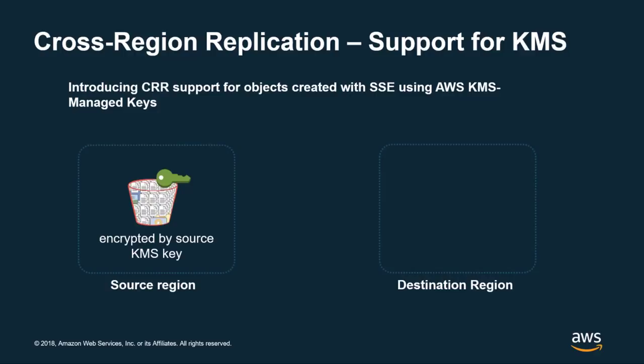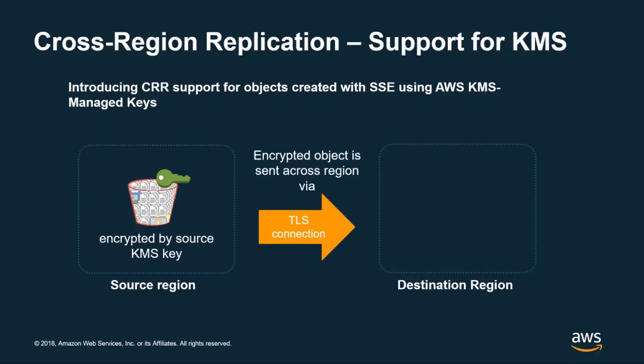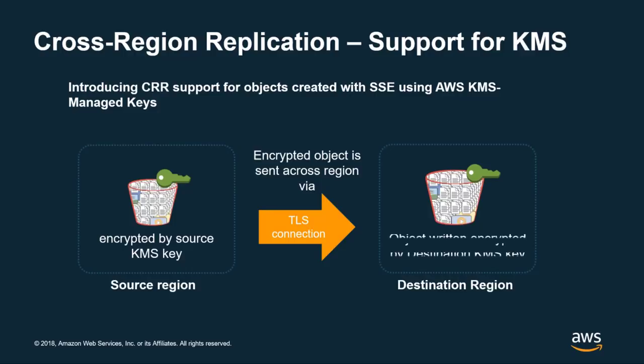So we close that vulnerability with this, and now you encrypt your data at the source using that region's KMS key. When you set up CRR policies and they replicate the data, you've got the TLS connection between the two regions, which encrypts the object in flight.